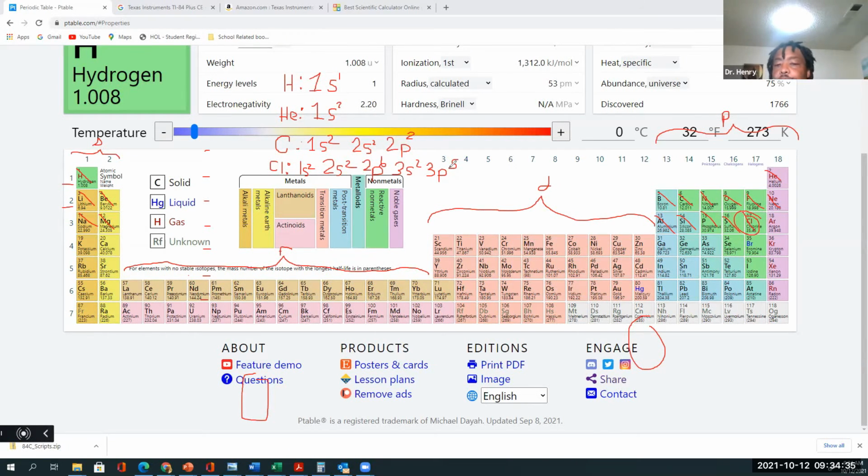Okay, you guys ready for me to throw a curveball at you to make it a little bit harder? No. Okay, well, we got it. After we get to the P, we have the d orbital. The d orbital has what we call degeneracy.